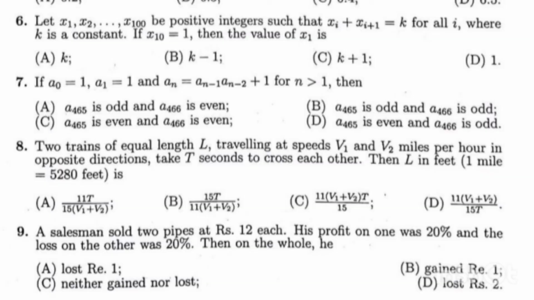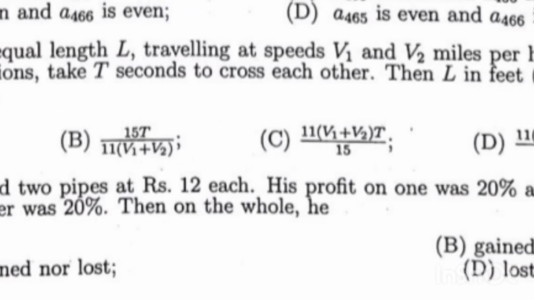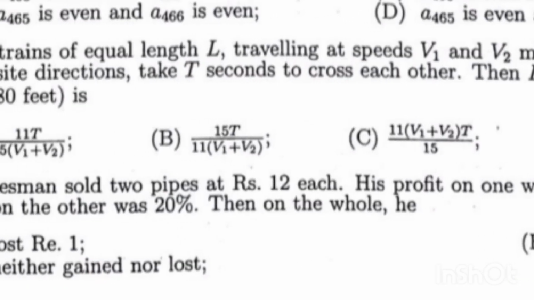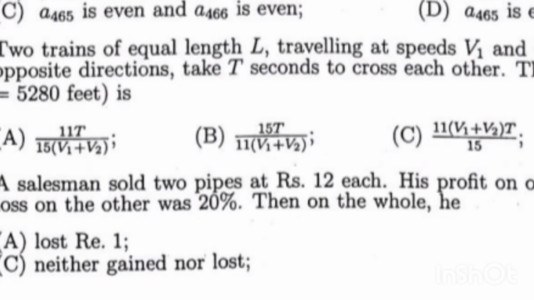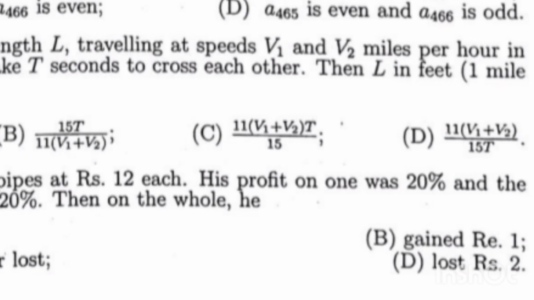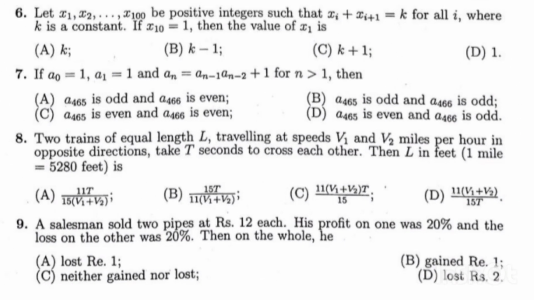The question is that two trains of equal length L travel at speeds v1 and v2 miles per hour in opposite directions and take t seconds to cross each other. Then we have to find the length of the train in feet, so we must first find the length and convert it into feet.